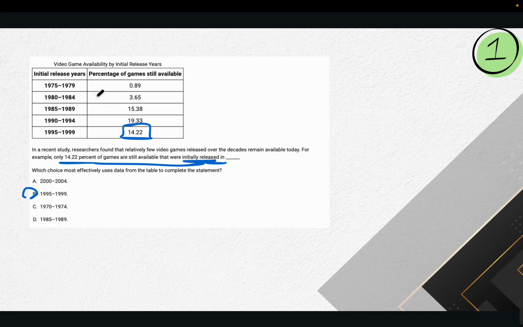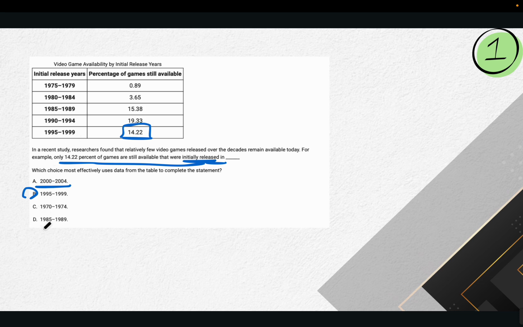We can also look at the others, but choice A is certainly wrong because on the table there is no such option as 2000 to 2004. It starts from 1995 to 1999. Again, there's no such options over here for 1970 to 1974.